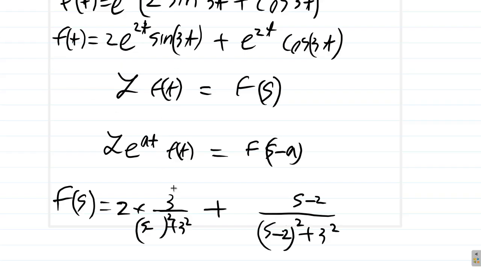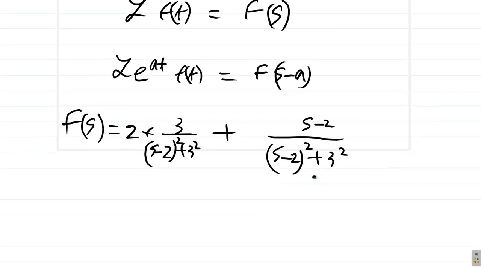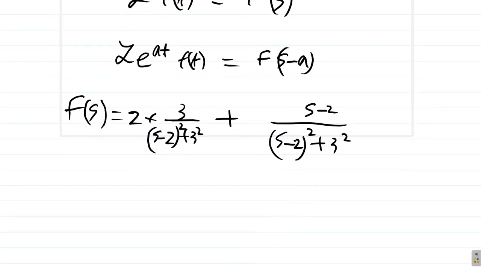So it's 2t, so it's 2. If this was e to the 3t, this would be s minus 3, and so on. If this was e to the 4t, this would be s minus 4. Or it's e to the 2t, so it's s minus 2 that you replace it with. The first shift theorem you apply here.